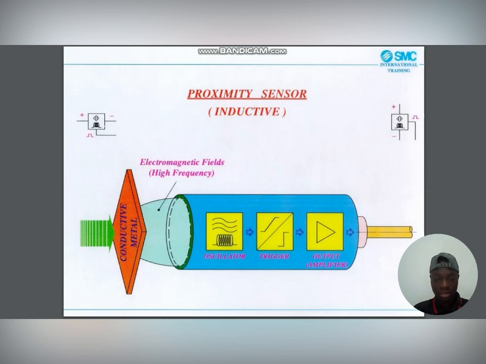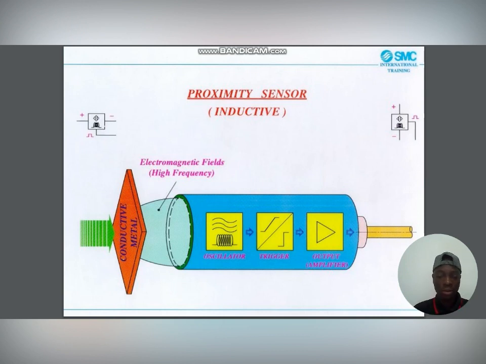The head of this sensor produces an electromagnetic field at a very high frequency, and then there's an oscillator that generates an alternating current, and then this trigger detects any changes in inductance, and then the trigger relays into the amplifier as output.